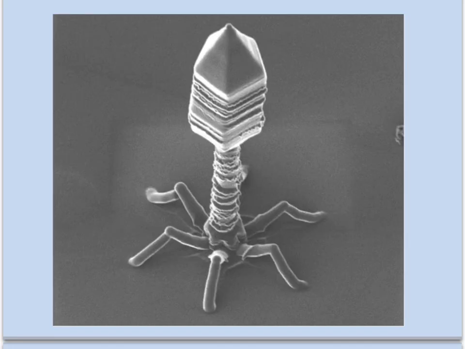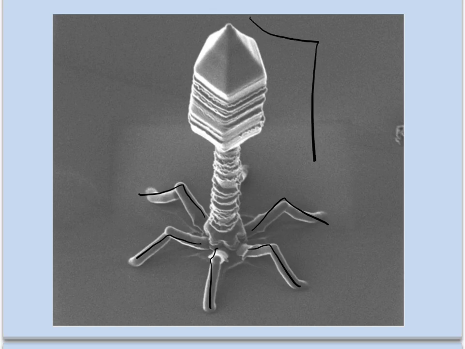So this is a bacteriophage. It's specifically a virus which attacks bacteria. So these are not legs. They're called tail proteins, and they just help the virus attach to the bacteria cell.